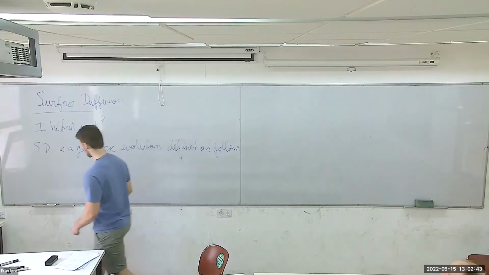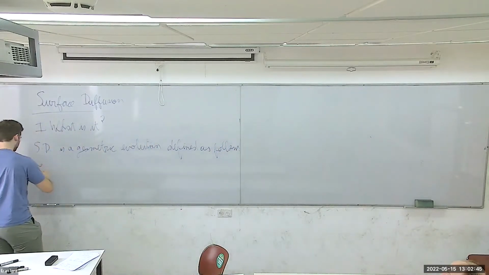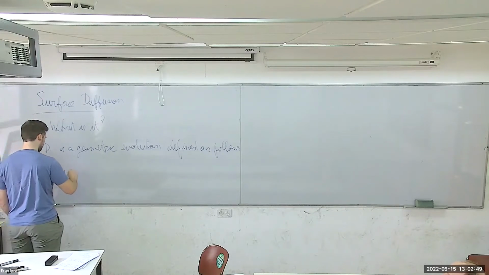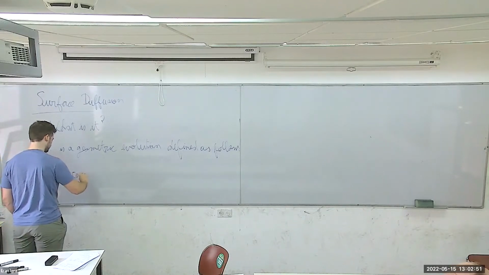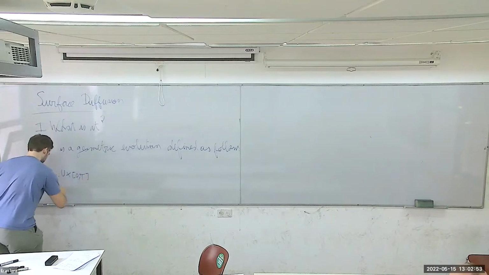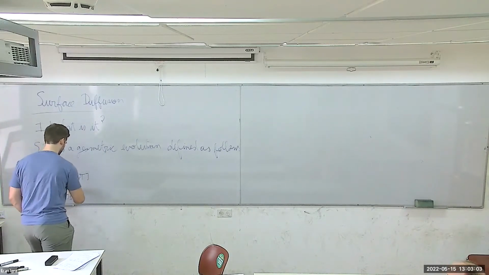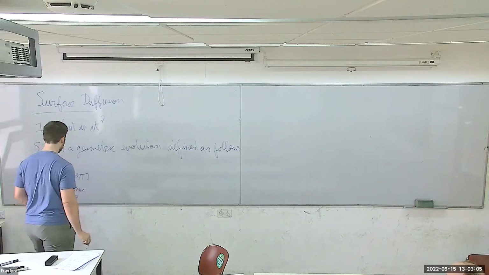Okay, so we let u be a function from U cross (0,T), where U is in R^n and (0,T) is just an interval in R. Of course, n is more or equal to 1.